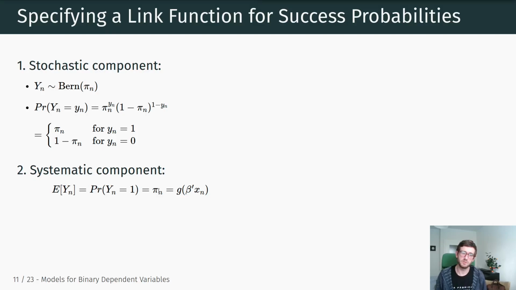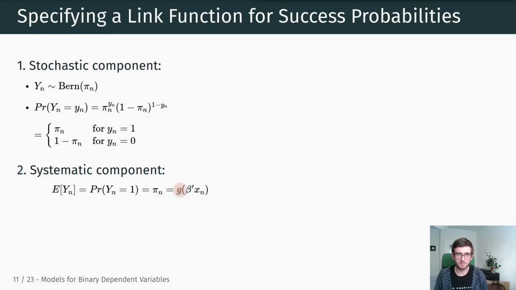Rather, we're modeling this probability with the systematic component, the linear combination of all our predictors times our coefficients, so that's beta prime xn, just the same way as we have in the linear probability model.